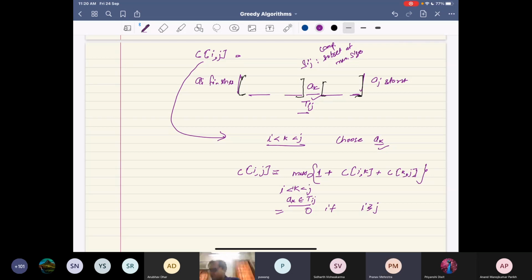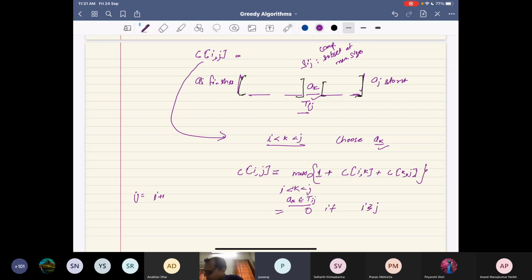Sir, if j is equal to i plus 1, then it also should be 0. Okay, so you are saying if j is equal to i plus 1, then also should be 0.